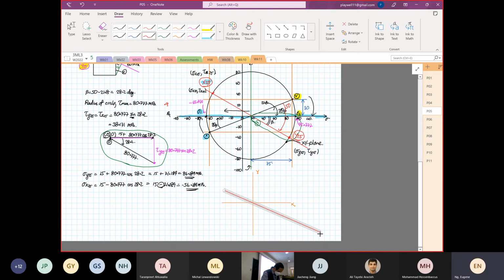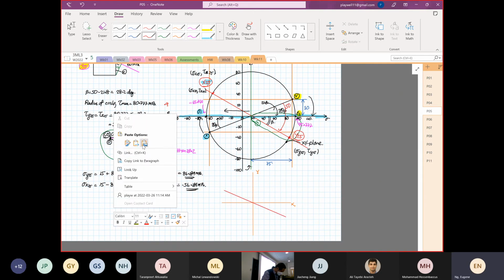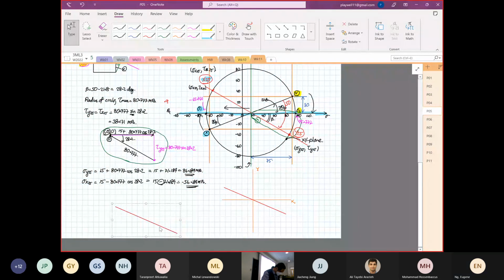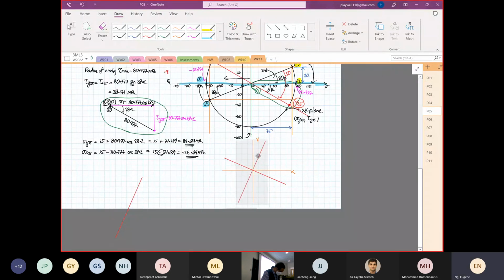So this is our 25 degrees line. I'm going to copy this and paste it, and then rotate it by 90 degrees. And this is our 90 degrees, 25 degrees rotation. So from here to here, rotate by 25. Likewise, from here to here, rotate by 25.